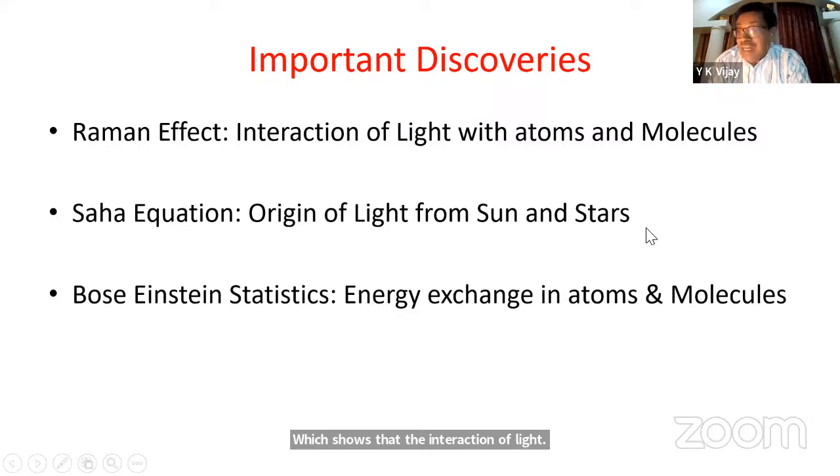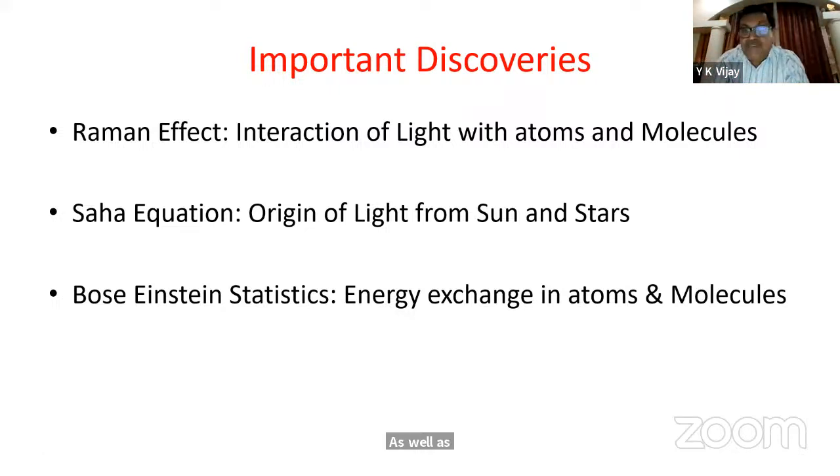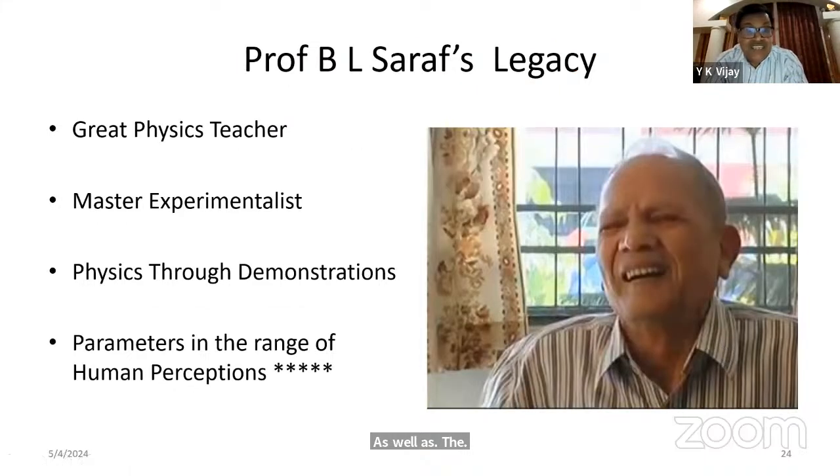So when there is a flow of charges, the temperature changes, and then light is generated. So all that quantum phenomena is happening in the bulb, and there is an energy exchange. You feel the heat as well as the light coming from the material.